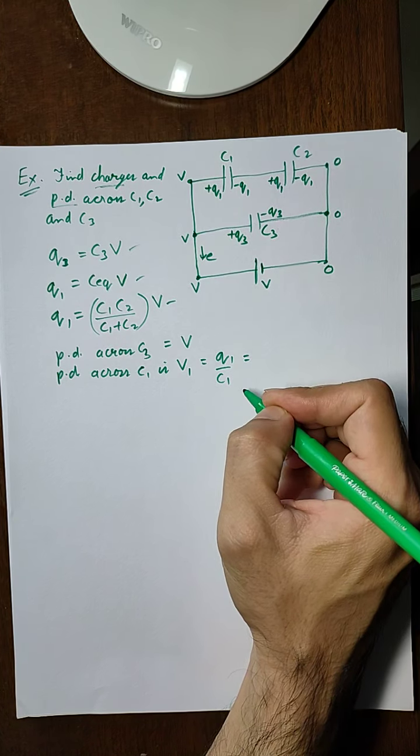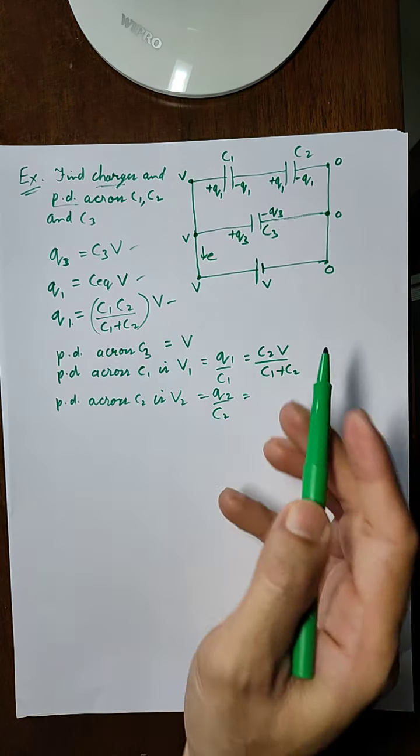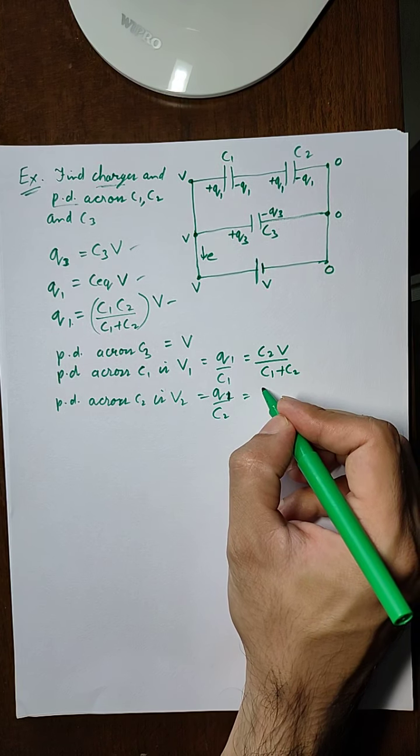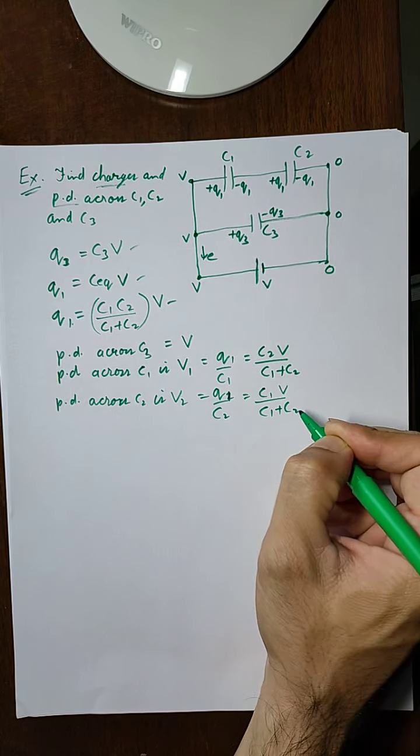You can verify it yourself. Similarly, the potential difference across C2, let us say it is V2, will be given as Q2 upon C2, which is Q1 upon C2, because we have taken Q1 here. So this will also be equal to C1V upon C1 plus C2. So these are the potential differences across each of the capacitors.